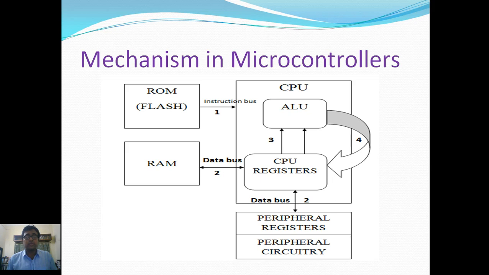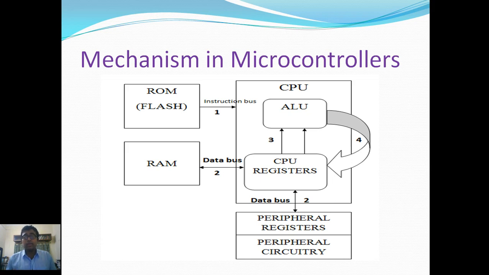In that register, the data will be queued, and according to the instruction set that has been fed to the ALU, the specific data with a specific address will go to the ALU. The specific operation will be performed on all those data according to the instruction that has been fetched from the ROM.